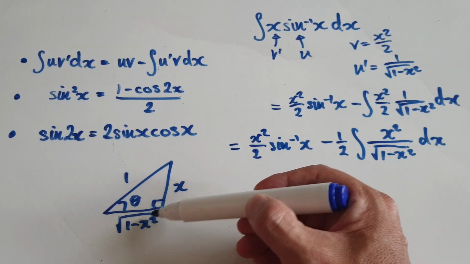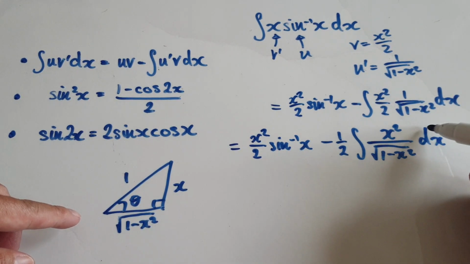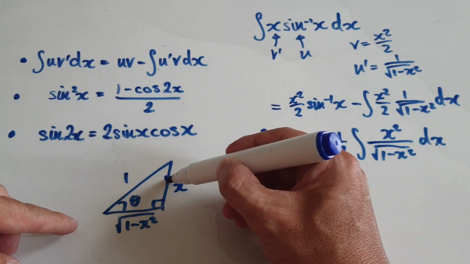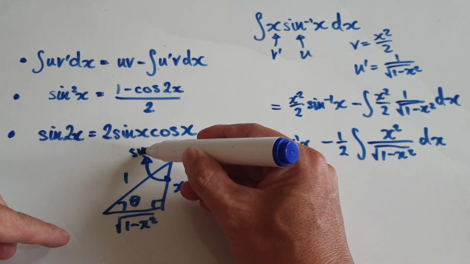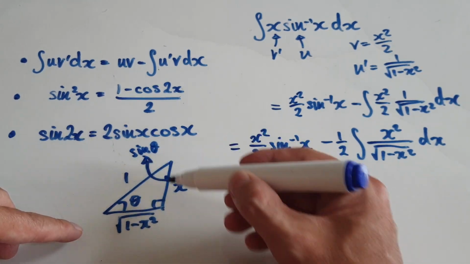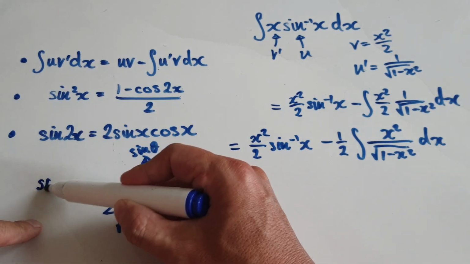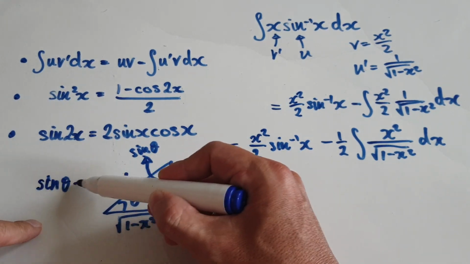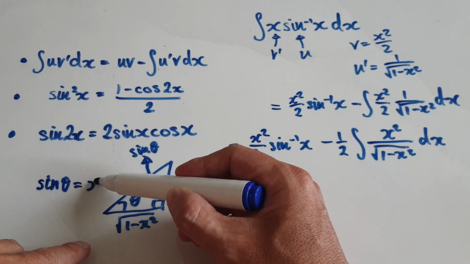Now we need to extract dx. This is your sine. Sine of the angle equals x over 1, which is just x.